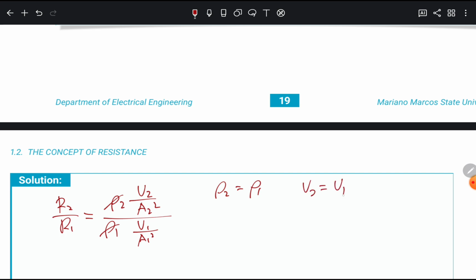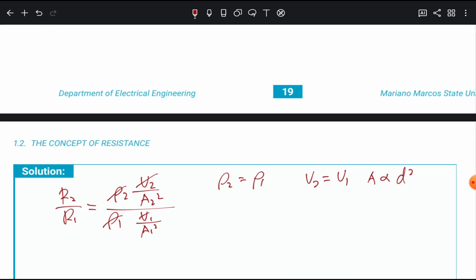The volume is also constant, so we can cancel out the volume. And we know that the area is proportional to d squared, so we can just put the diameter in the equation.